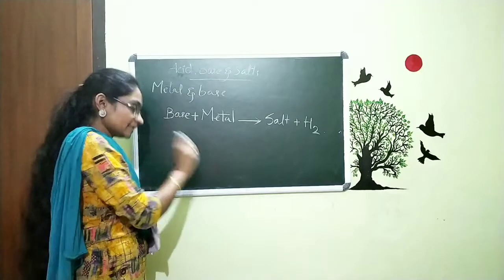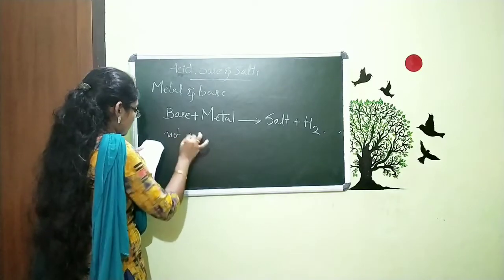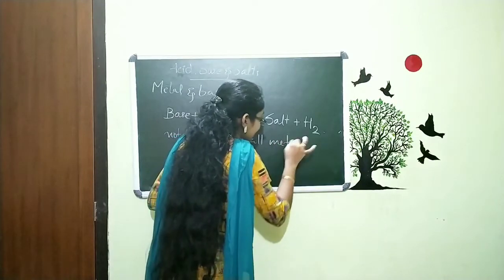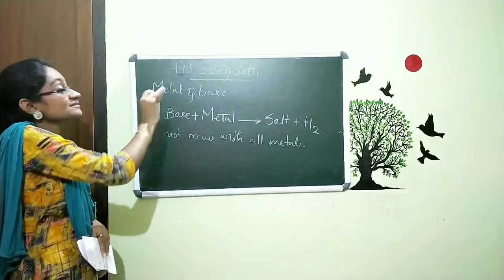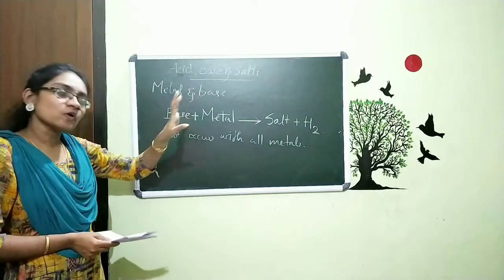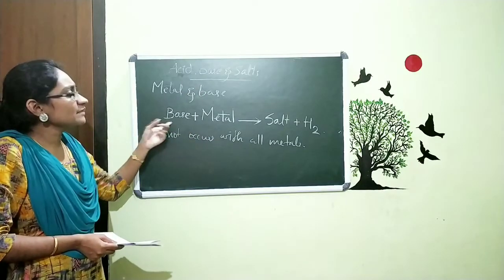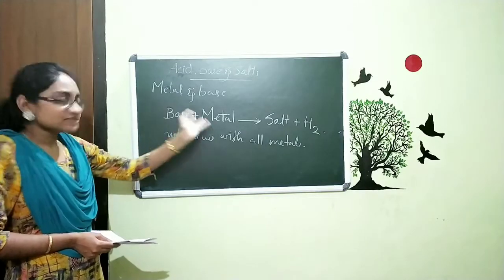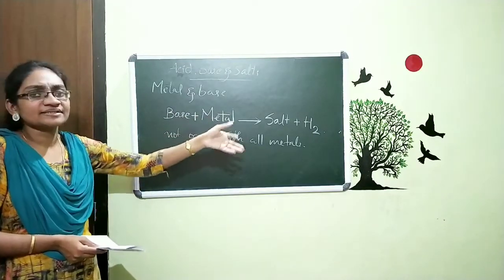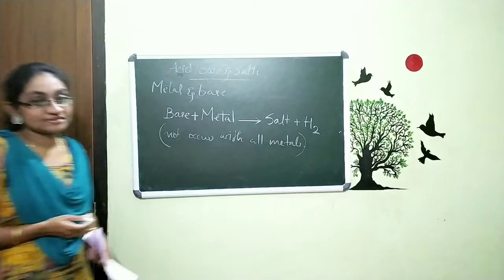So when you write the general equation, you want to write at the bottom, not occurs with all metals. That is the difference between the acid and the base reaction. For the acid, generally all metals give salt and hydrogen gas. But for the base, zinc forms it, while some metals are unable to produce salt and hydrogen gas. So you want to remember this.